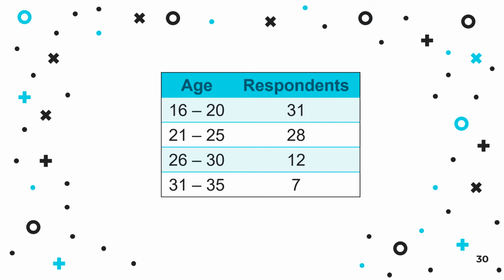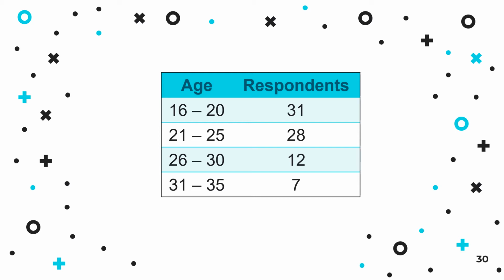So in this instance, I grouped together the respondents whose ages range from 16 to 20, another division for 21 to 25, 26 to 30, and 31 to 35. And on the right column, you can see how many respondents are from each age bracket.